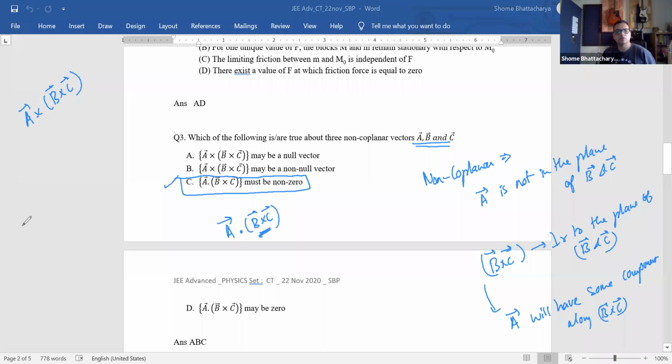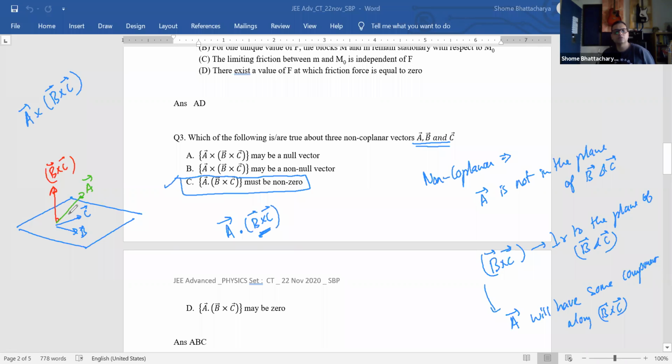Okay, suppose we draw a two-dimensional plane like this, and B and C are lying somewhere in this plane. So then B cross C is along this line. It is perpendicular to this plane. Okay. Now where is A lying in this? It is not in this plane. So A is somewhere here.